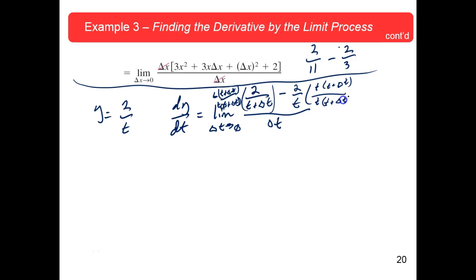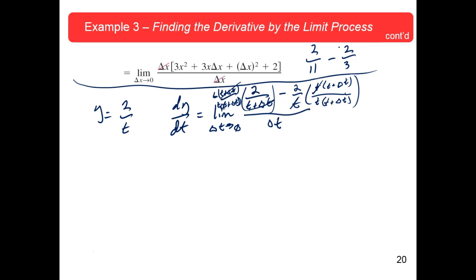Now you probably don't think of doing this, but that's exactly what you do. What you'd have to do up there was multiply numerator and denominator by 33 over 33. That's what you would do. Now, what that does for you here, it wipes out that, and this wipes out that.